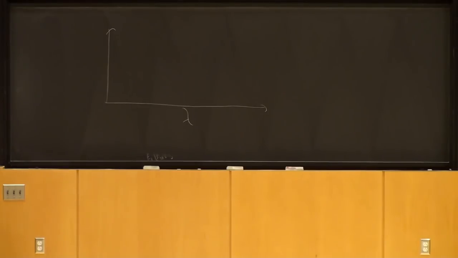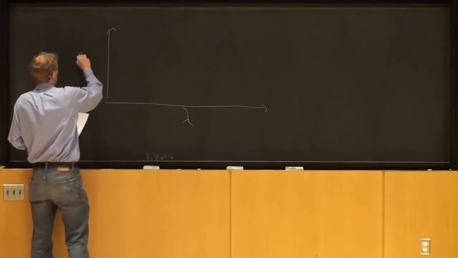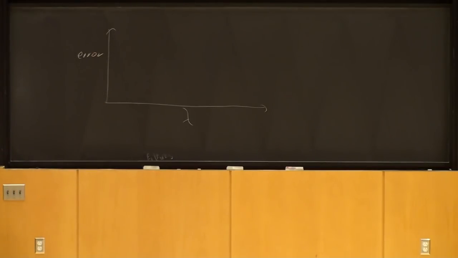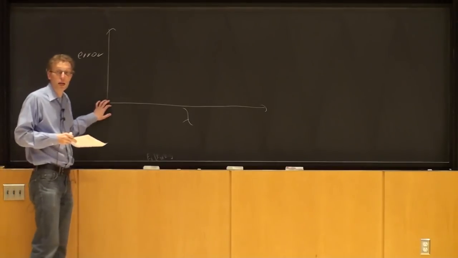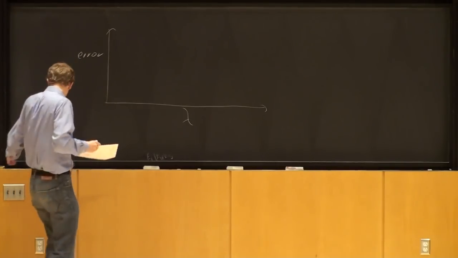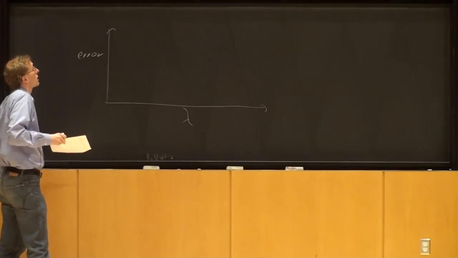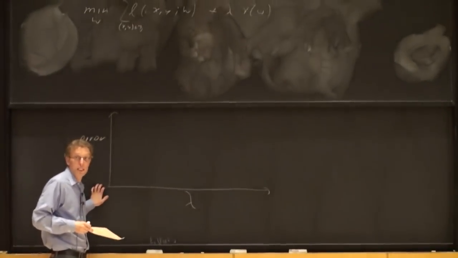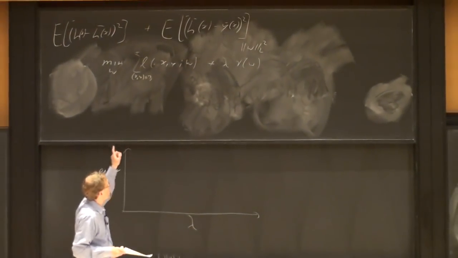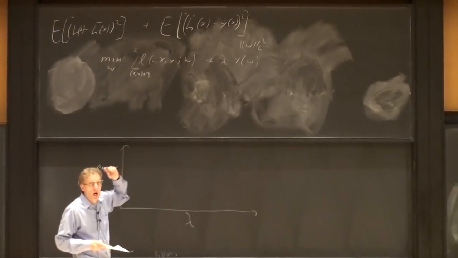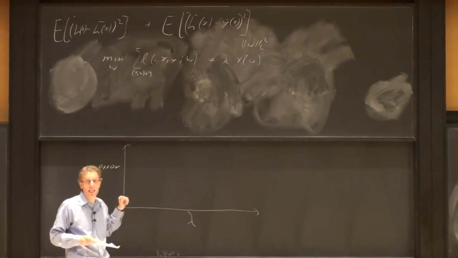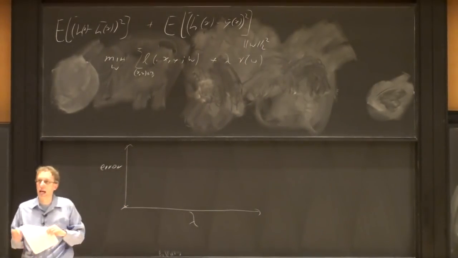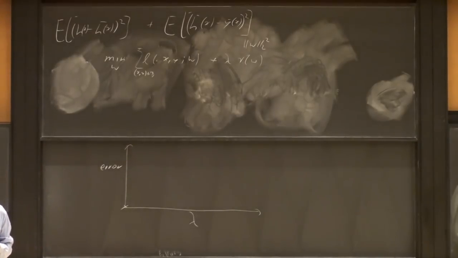So if lambda is very, very small, say lambda is 0, then this optimization has no weight on the regularizer, and the only thing we are trying to optimize is the loss on the training data set. So this means the training error must be very, very low, because we're not doing anything else but minimizing the training error.